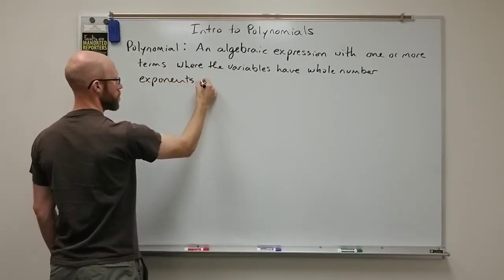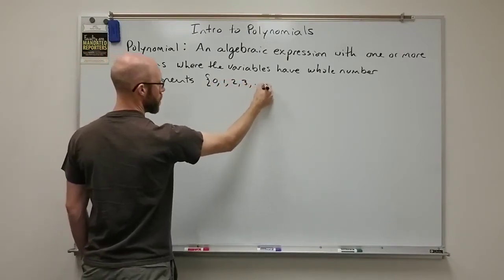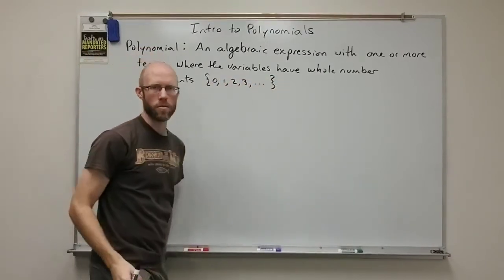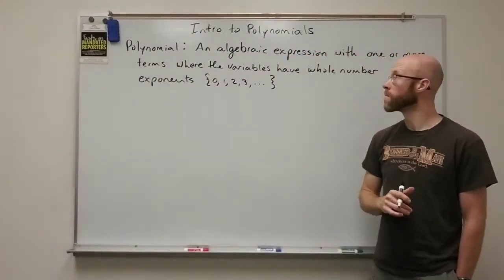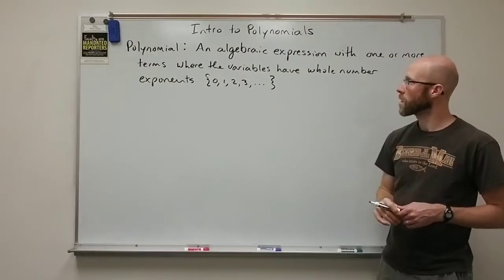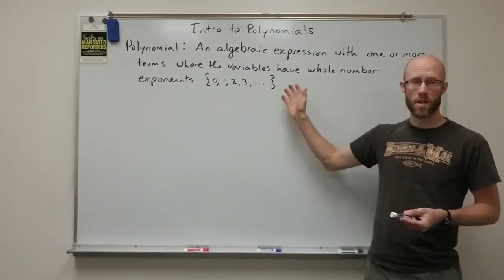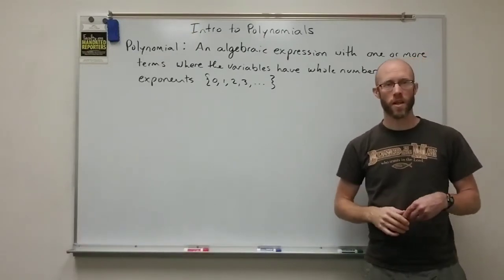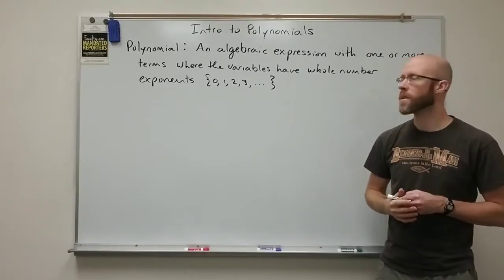And of course, whole numbers are 0, 1, 2, 3, and so on, okay, up to infinity, right? So there's an endless number of whole numbers there. Okay, so that's just your general definition. I'm sure this definition doesn't match your textbook perfectly. I'm just writing up there some of the key features, okay?